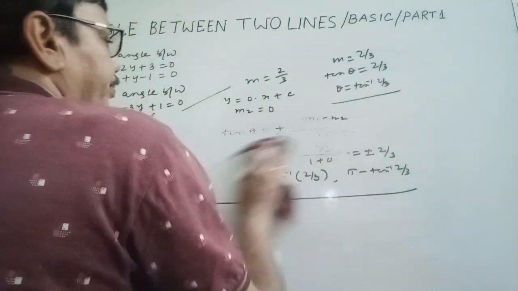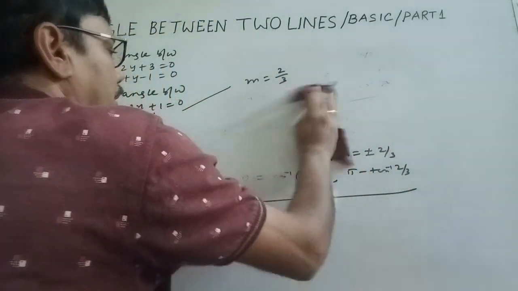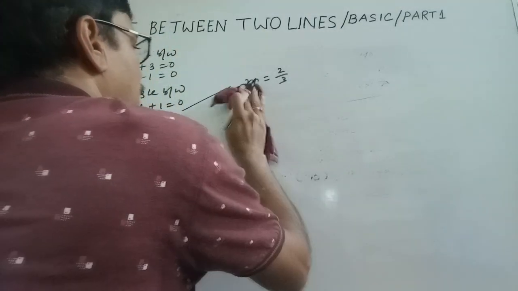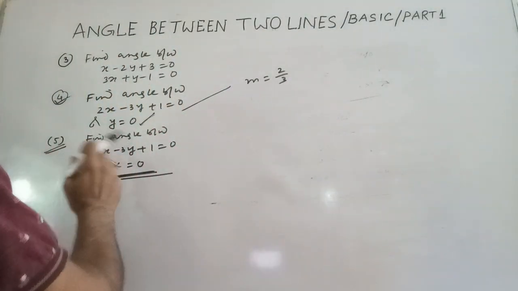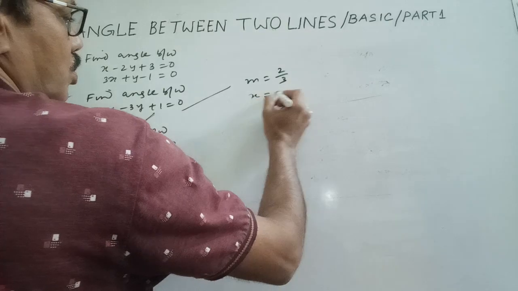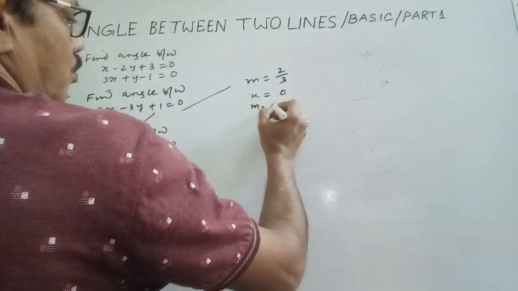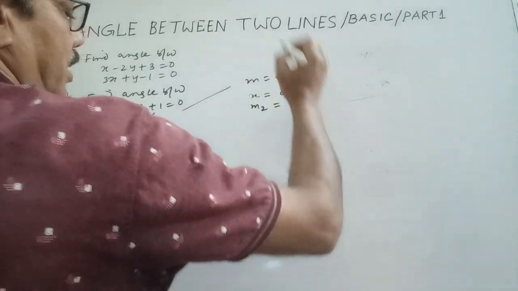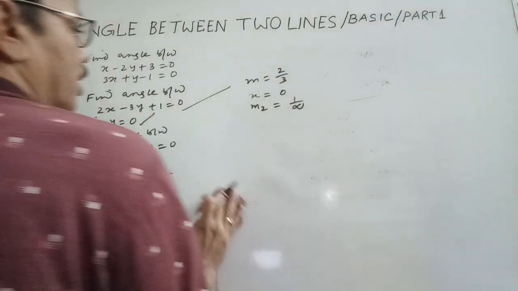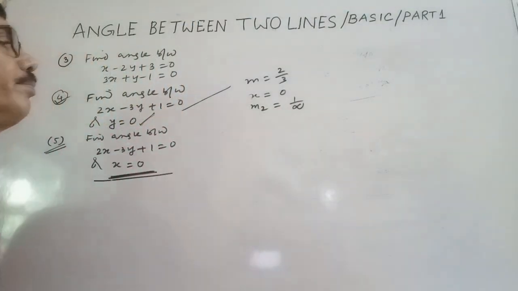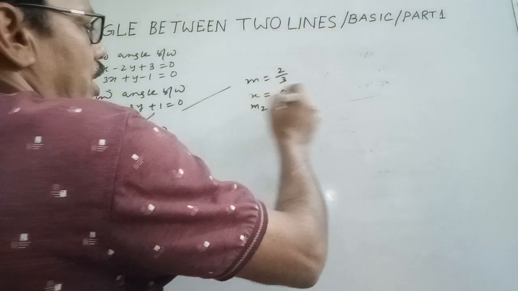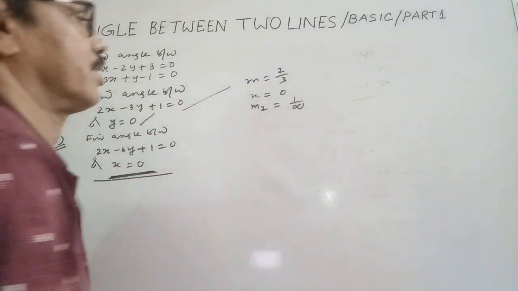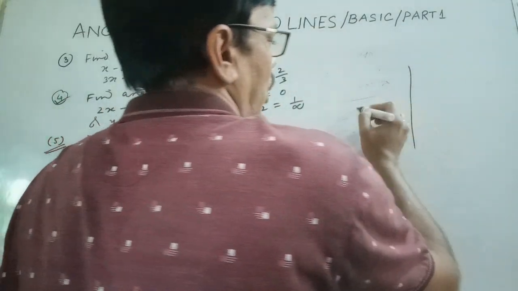So look, m1 equals 2 by 3, x equals 0. So what is m2? m2 is undefined. X equals 0 means the y-axis.